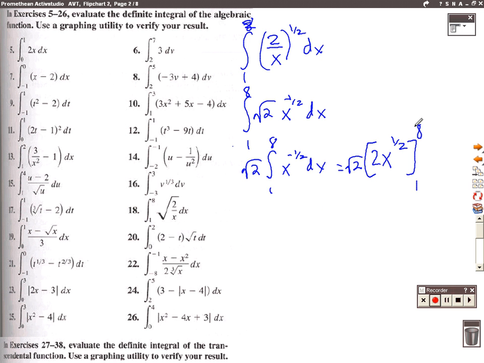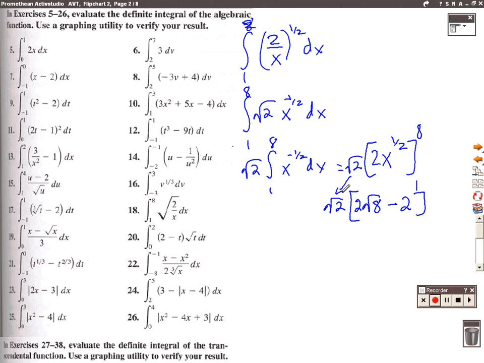So that would give me square root of 2 multiplied by 2 square root of 8 minus 2 square root of 1, which is 1. So in other words, I plugged in the 8 and I plugged in the 1.